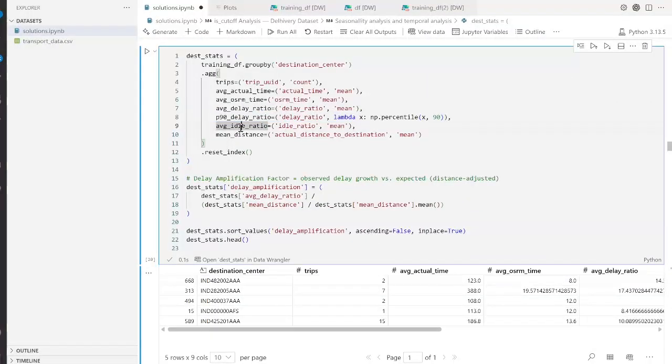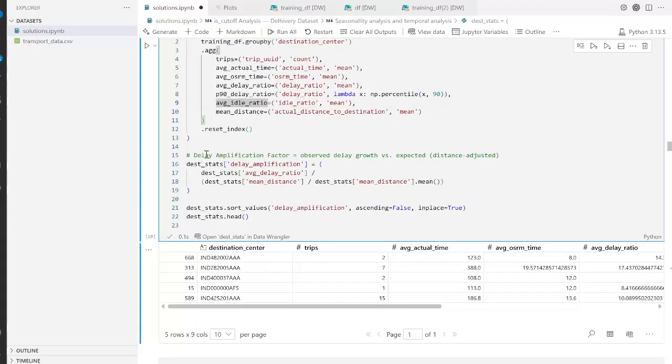And the feature that we are going to engineer is the delay amplification. Over here, delay amplification is a little tricky to see this way, but conceptually it is very simple.